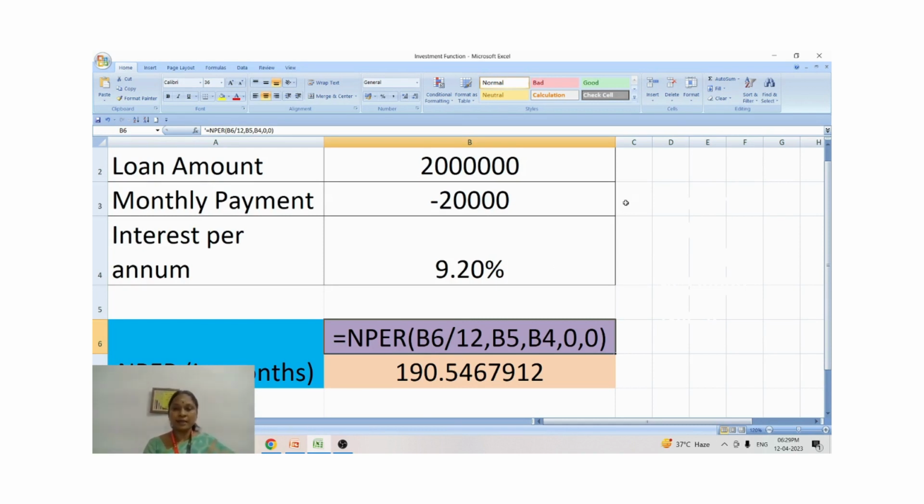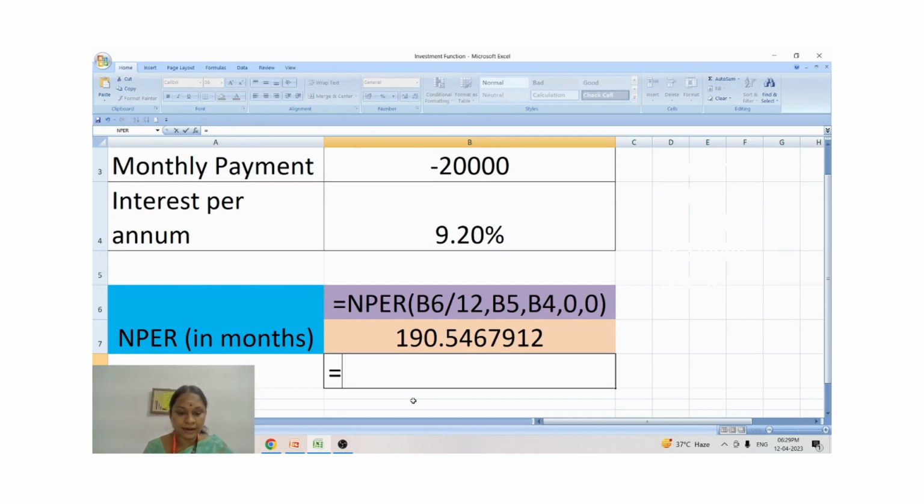Let me explain again. Here NPER, the number of periods required to complete my car loan, is the function I want to calculate. This is my rate of interest, which is given for the year, so I converted it to per month.